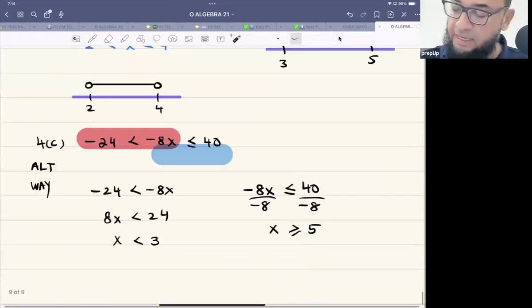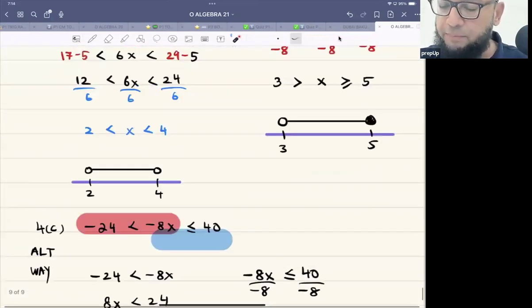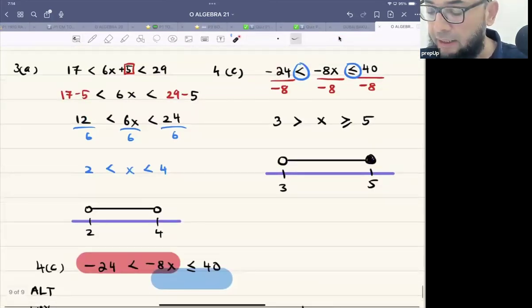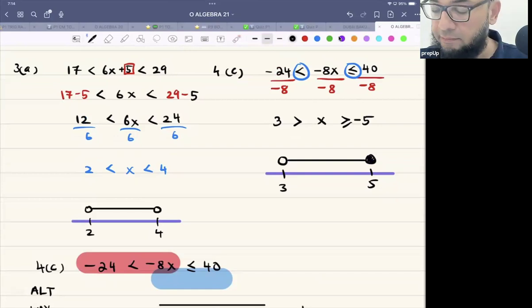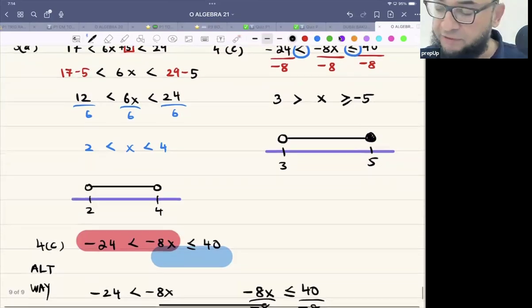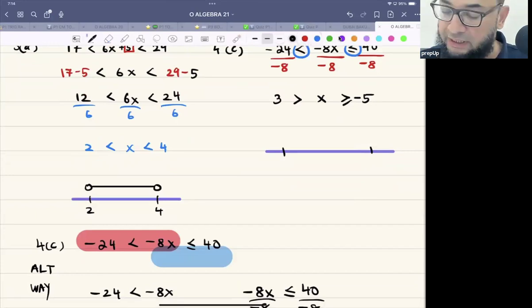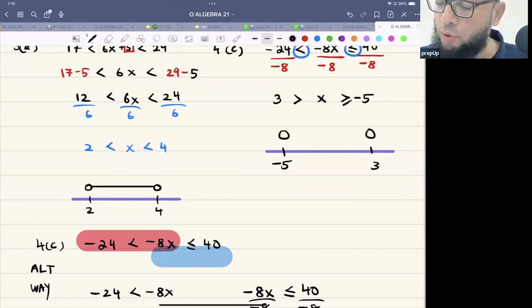All good? All clear? So now over here, let me plot this thing on a number line. That is like this. This is positive 3. That is negative 5. Don't forget the negative. This is negative 5. And that's the blue line. Let me go this way.